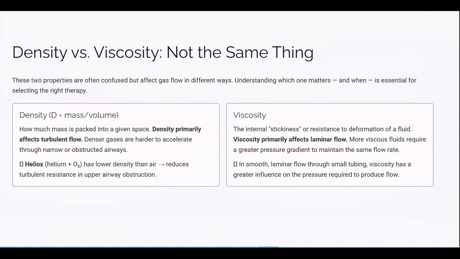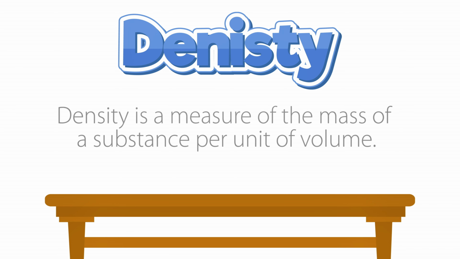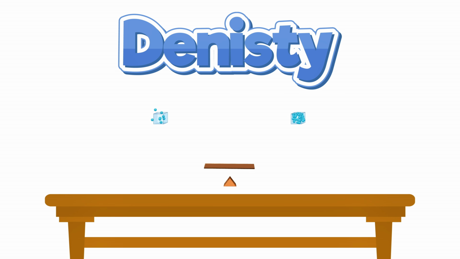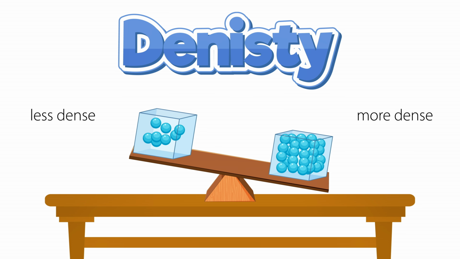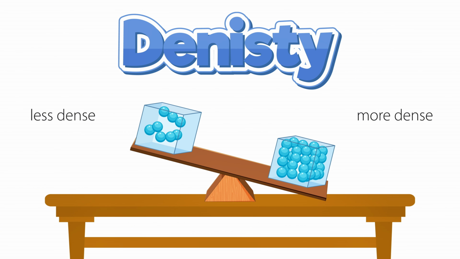Two gas properties that can get mixed up. We've got density and viscosity, and they are not the same thing, and they don't matter in the same situations. Density is mass divided by volume. How much stuff is packed into a given space?